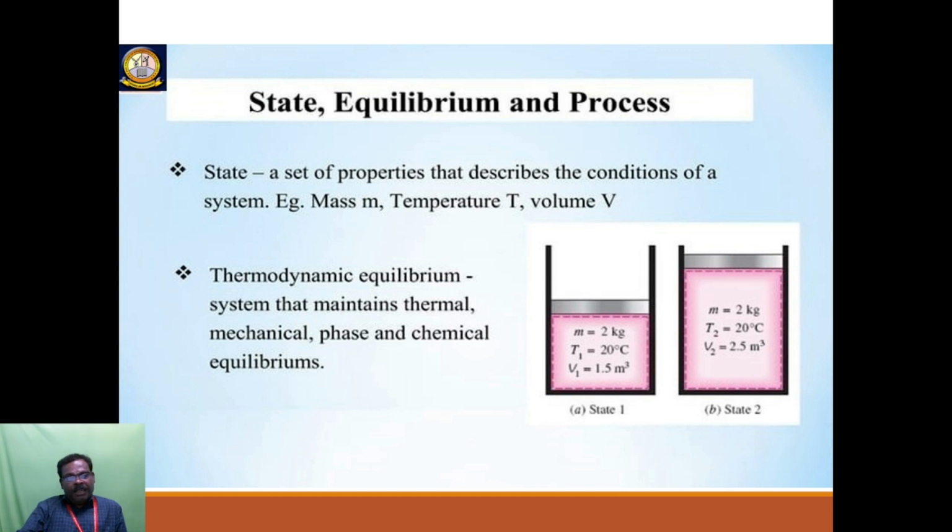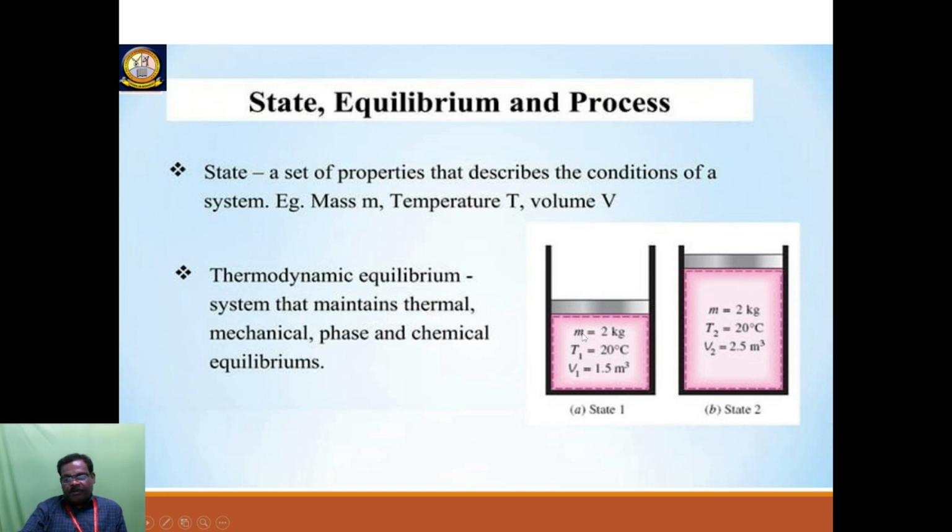Then now you are going to study about state, equilibrium and process. State means it's a set of properties that describes the condition of the system. Suppose you can use this particular example. It's state 1.